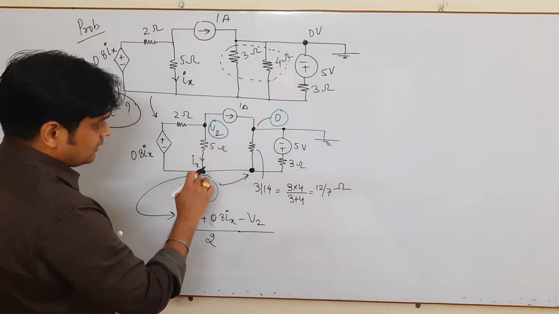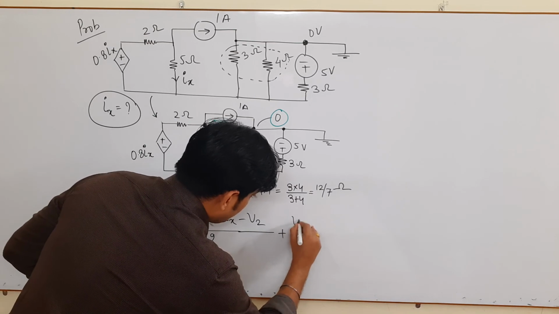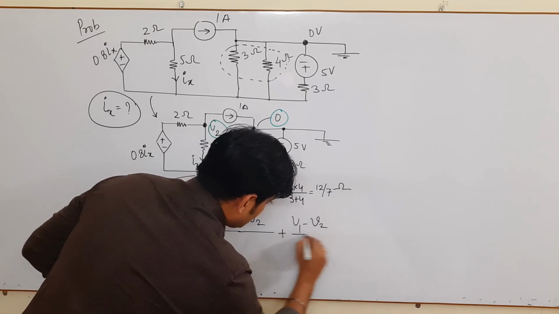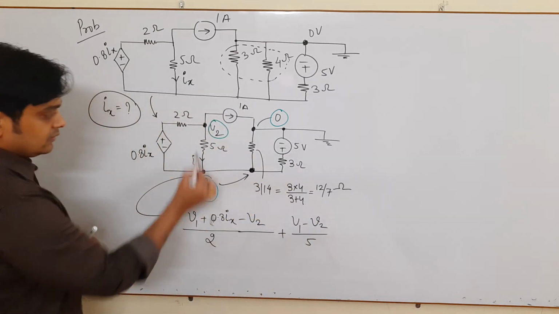What is the current here? You can say it is V1 minus V2 upon 5. Can you say this is the current here? Yes, you can.